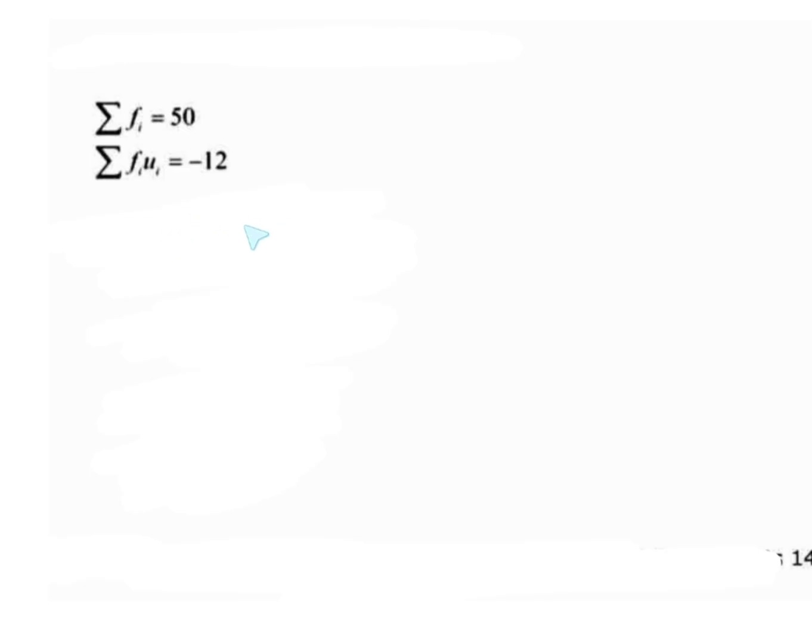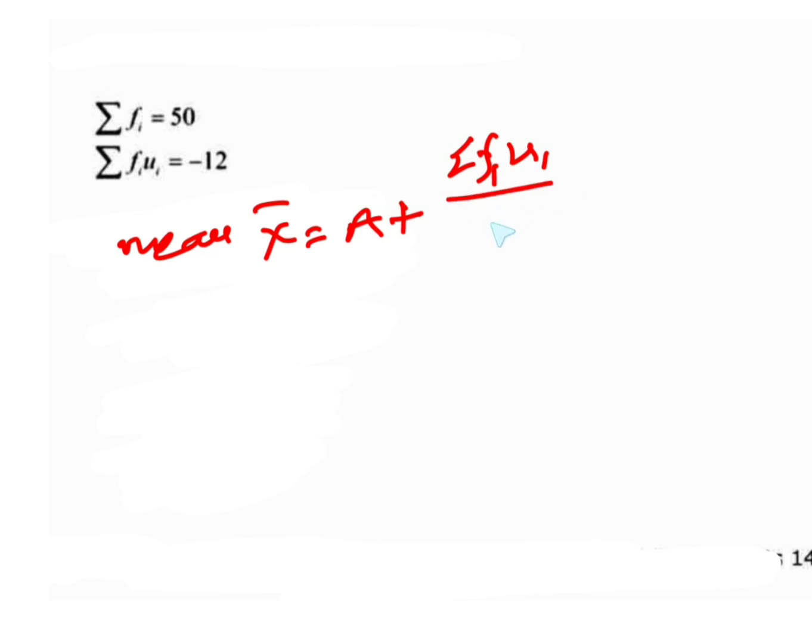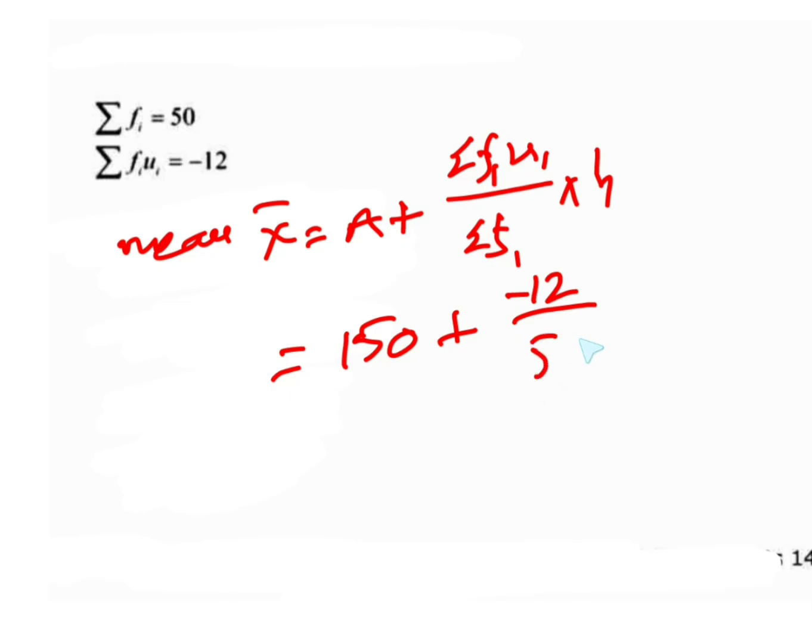Then to find the mean, x bar is equal to a plus sigma f_i u_i by sigma f_i into h, by the assumed mean method. We know that the assumed mean a is 150, plus sigma f_i u_i is minus 12, by sigma f_i is 50, and h is 20.